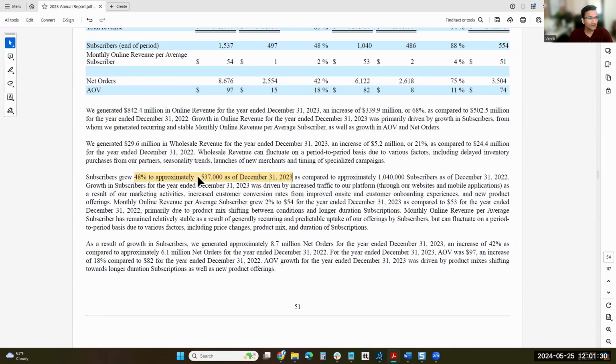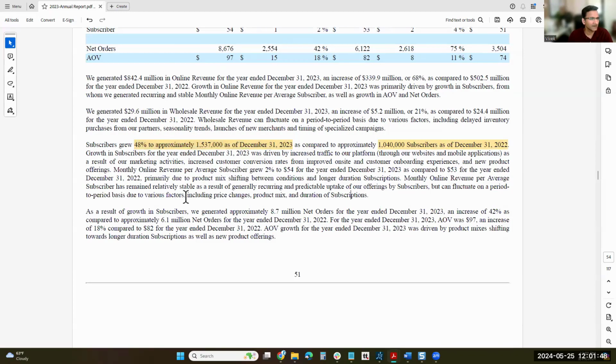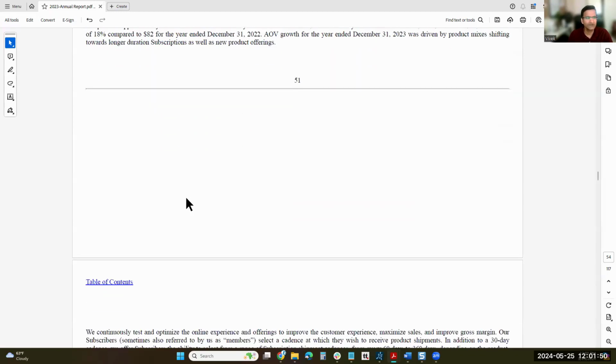So the growth is good. It grew 48% because they started from a smaller base. It is easier to grow your customer base at a much higher percentage if you're starting from a smaller base. Anyway, we'll come to the financials later.